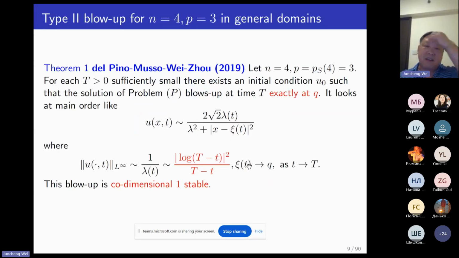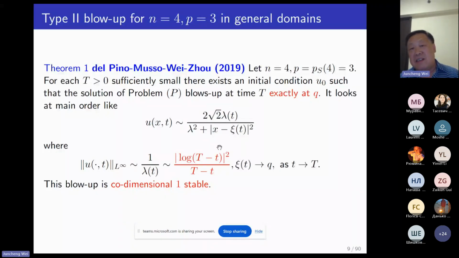The main result I will discuss today is in dimension 4, with p equals 3, the critical exponent (n+2)/(n-2). For t sufficiently small, we want to construct an initial condition so that the blowup happens exactly at some point q. The blowup in the leading order looks like the Aubin-Talenti bubble, but the blowup rate is log squared over T minus t.